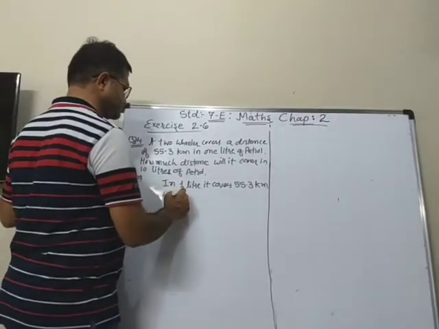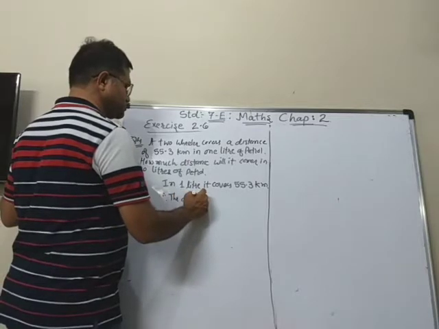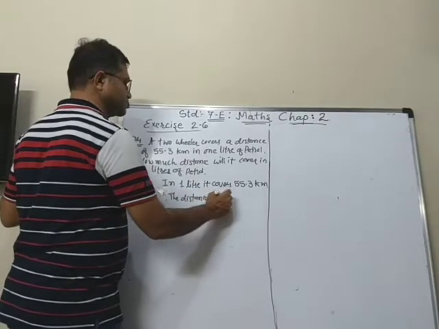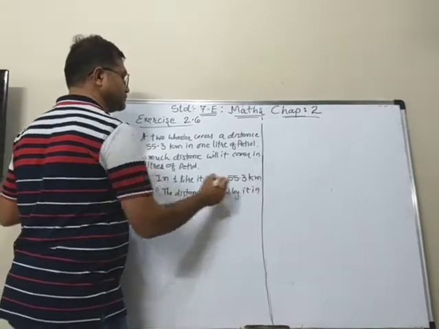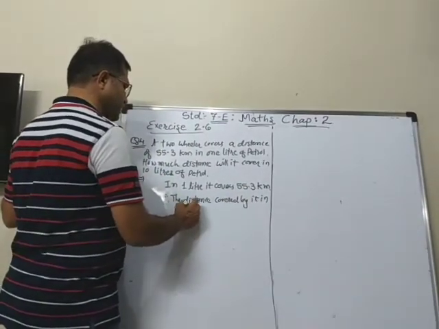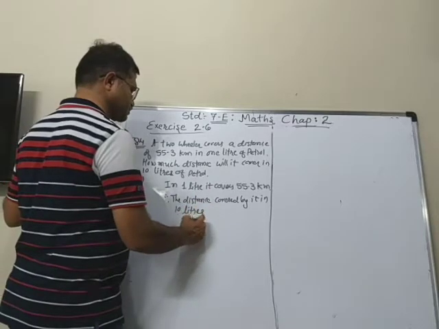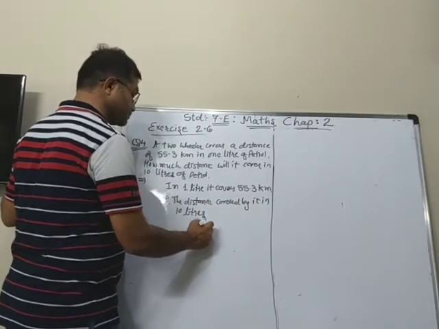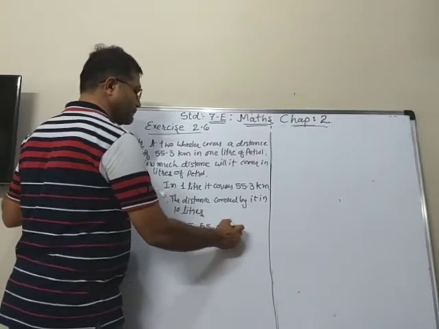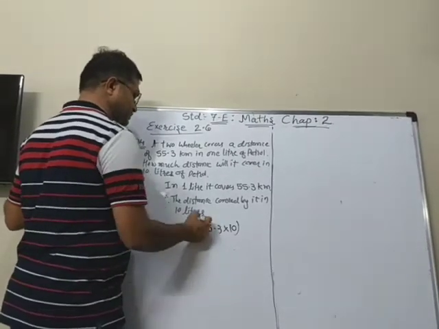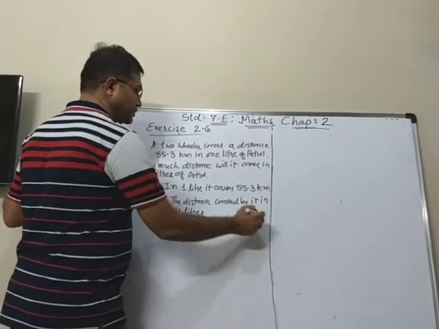Therefore, the distance covered by it in 10 liters is equal to 55.3 multiplied by 10 kilometer.